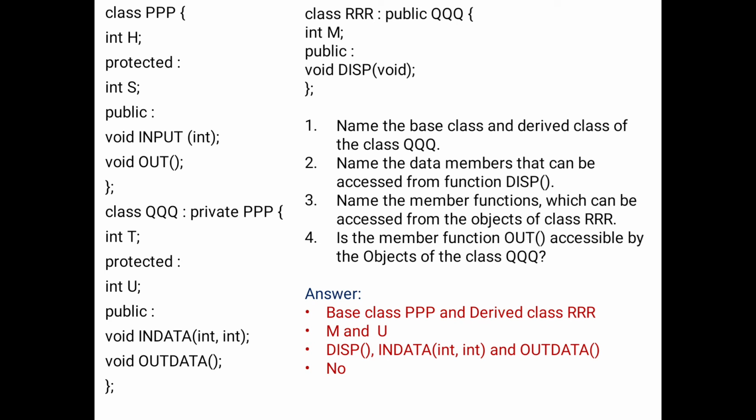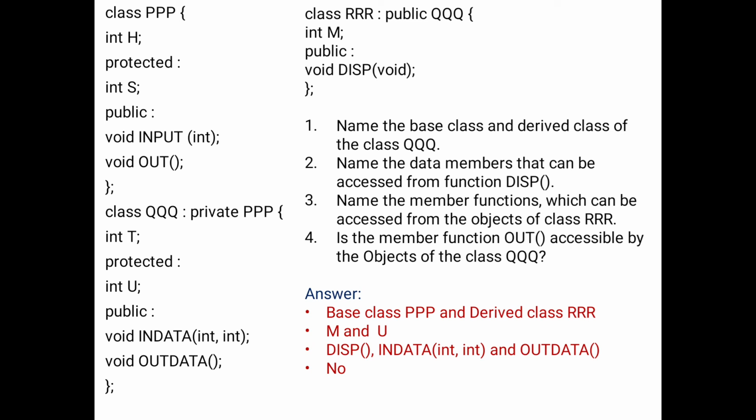Now the next question is, name the data members that can be accessed from function DISP. The member function DISP is a public member function. So what data members can it access? It can access the data member of its own class RRR, that is the private data member int m, because a private data member can only be accessed by the public member functions of that class.